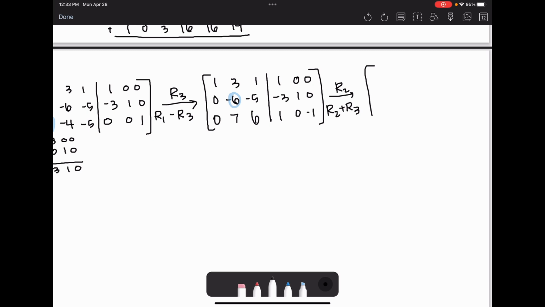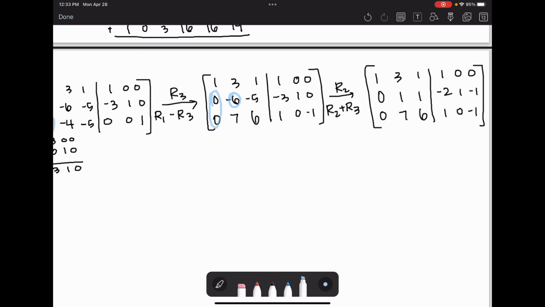I personally would avoid fractions if I had the choice whenever I'm doing this, because fractions make it less easy to do those calculations in your head, I guess, is what I'm thinking. But anyway, so we're going to add those together. That would be 0, 1, 1. And then that's -2, 1, -1. And that's just adding these together. But I'm not going to leave that on my notes.